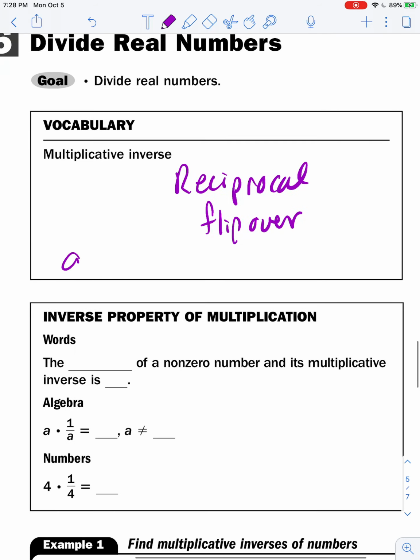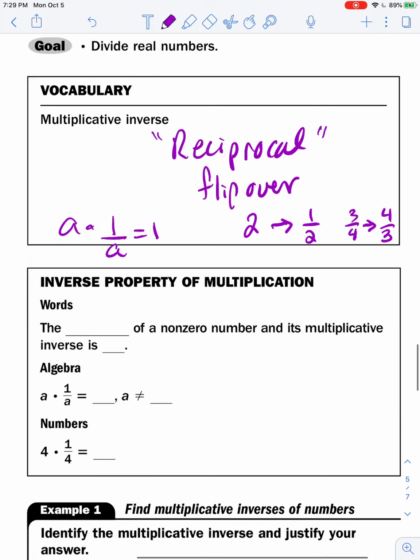And so if I have an A, I'm going to multiply it by 1 over A to come back and get a 1. So let's say I had 2. The multiplicative inverse or reciprocal of that would be 1 over 2. If I had a 3/4, the reciprocal or multiplicative inverse would be 4/3.